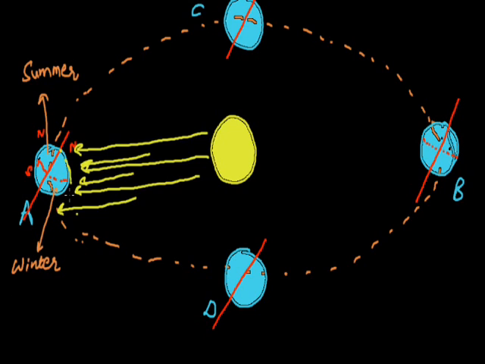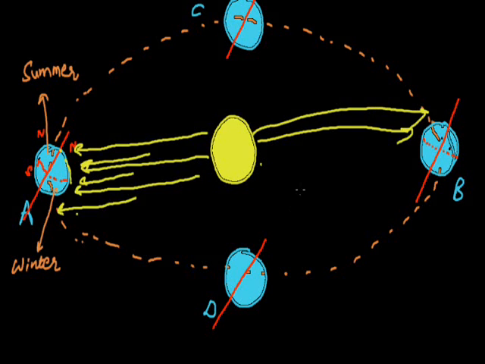Now we'll discuss the location B, and what we'll see here is that as this tilt remains constant in the whole path, the light rays from the sun reach the North Pole in an elongated way, while they hit straight, short and more perpendicular in the southern region.